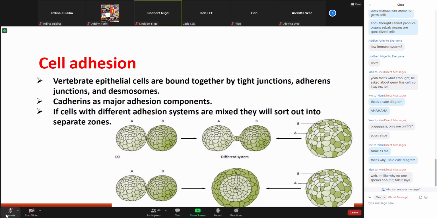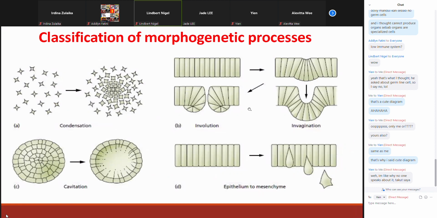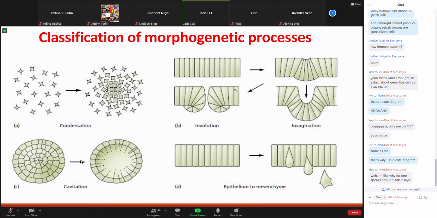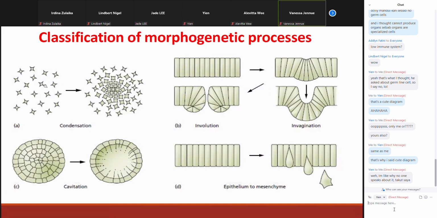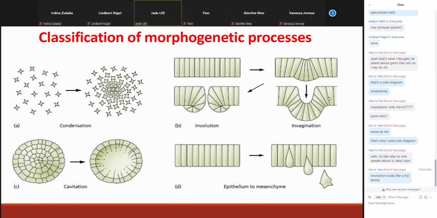Yes. So this is the classical classifications of the morphogenic process. You can see the condensation, how the cells condense become like this, and cavitation, macam mana dia cavitate, and then the involution, invagination, and also the epithelium to the mesenchyme.